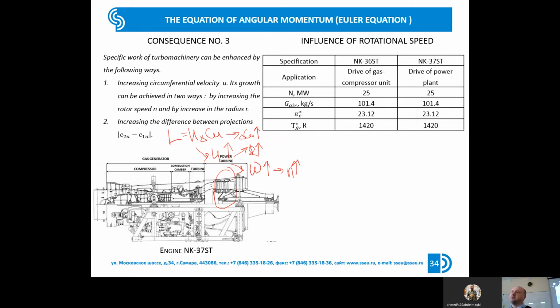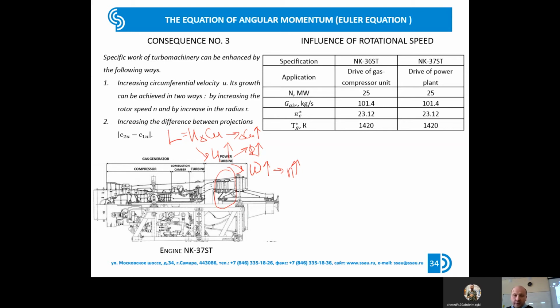The rotational speed of the rotor of the free turbine is determined by the gas pumping unit, and the typical rotational speed of a gas pumping unit is approximately 5,000 to 5,600 rotations per minute. The rotational speed of an electrical generator is typically 3,000 rotations per minute, because 3,000 rotations per minute corresponds to electricity with 50 Hertz frequency.